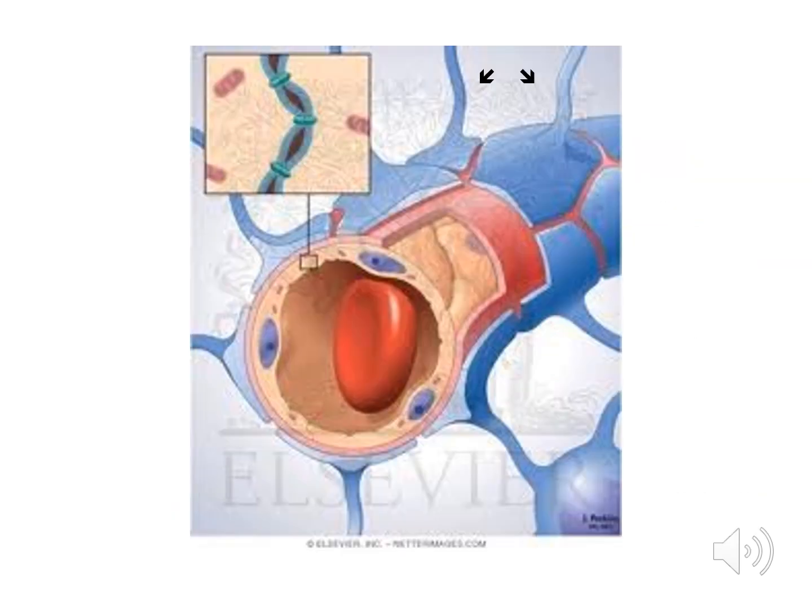Now, this is a picture of the same kind of thing, but you might be able to get a better idea of how the ends of the supporting cells provide a covering around the outside of the blood vessel. And in this picture, you also see that there are endothelial cells inside the blood vessel that are also trying to prevent harmful substances from leaking out of that vessel and coming into contact with the brain cells.